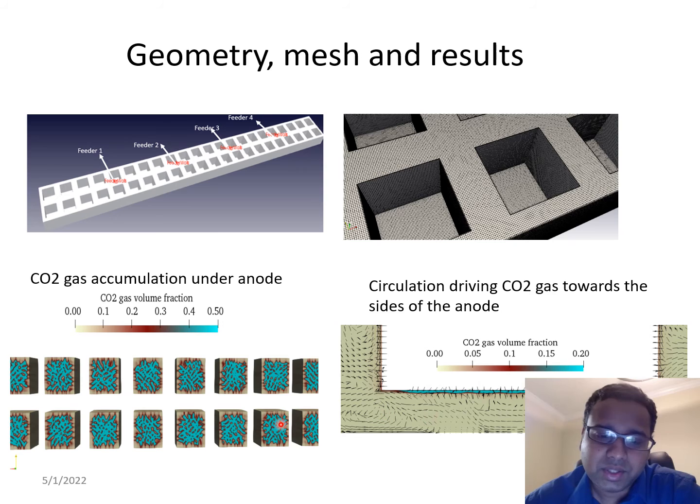You can see that on the periphery of the anode, the CO2 gas accumulation is negligible. The CO2 gas accumulation is maximum towards the center of the anode. And we notice that this is happening because a circulation or vortex present in this corner is driving the CO2 gas away from this anode. So that led to lower accumulation, especially in these corners and edges.